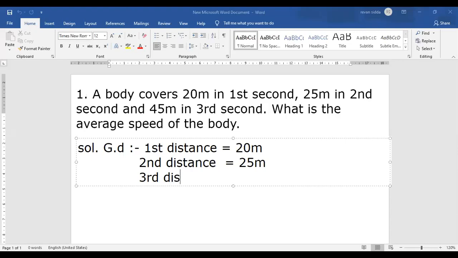Third distance is equal to how much? 45 meter. And what he has given, time.